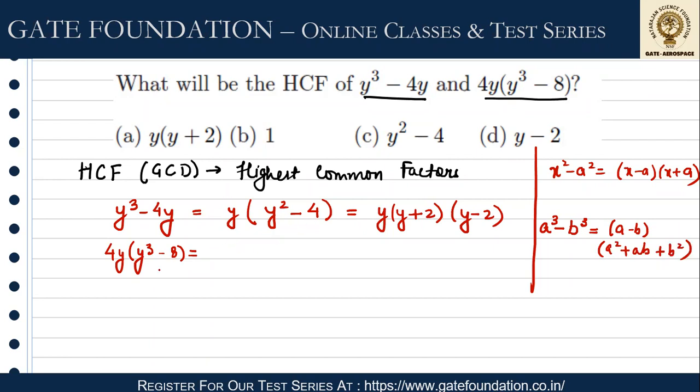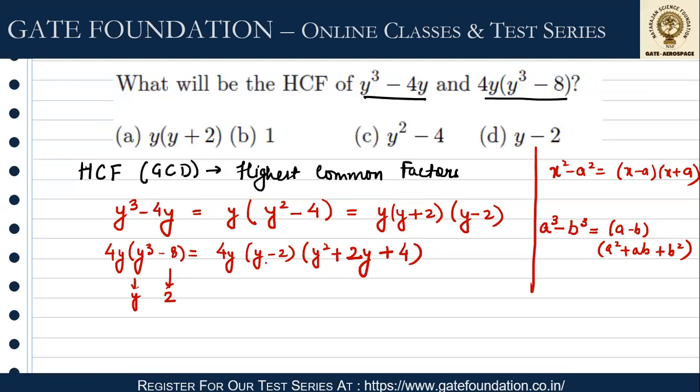So the second term I'll be dividing: I'll get 4y into (a minus b), that is y minus 2. In this case, your y cube will become y only, and 8 will become 2. So you'll get (y minus 2) and y square plus ab, that is 2y, plus b square, that is 4.